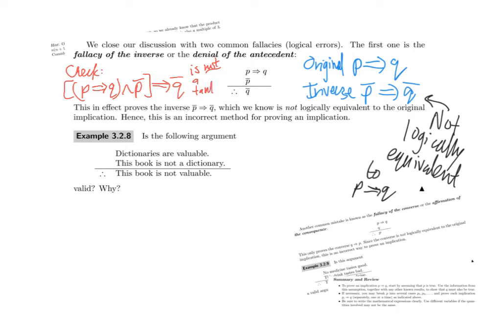You can use a truth table for that, or a sequence of logical equivalences from the table that you had on your test. That's something people need to watch out for.